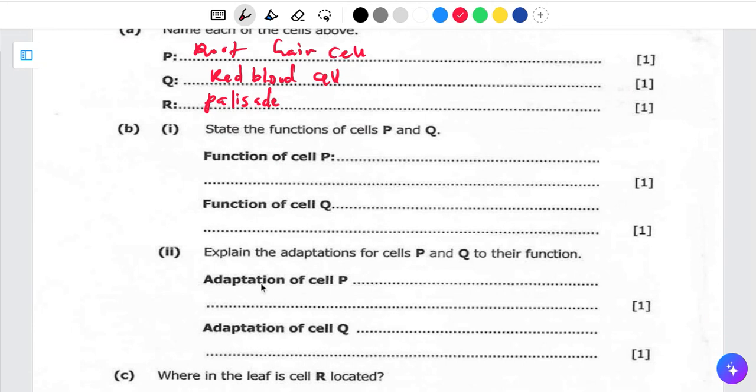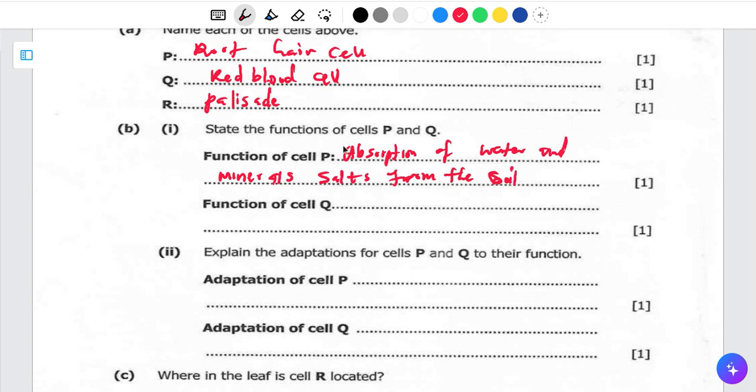Then for question B, Roman numeral 1, state the functions of cells P and Q. For P, that one is a root hair cell, so its function is the absorption of water and mineral salts from the ground, or from the soil.